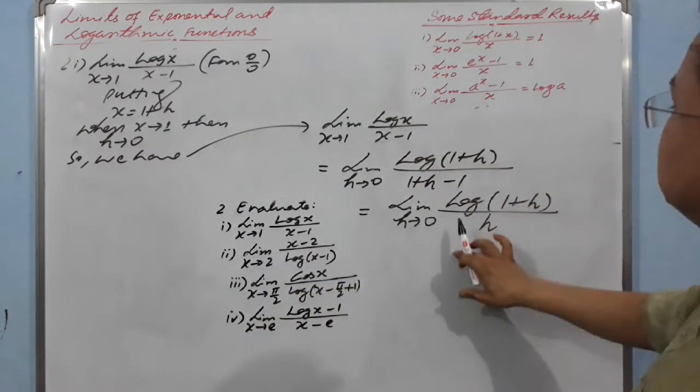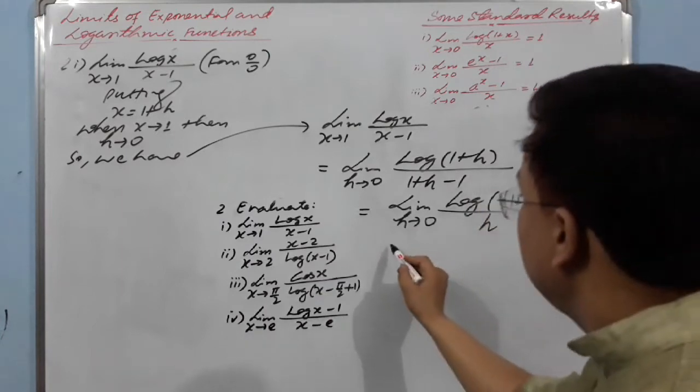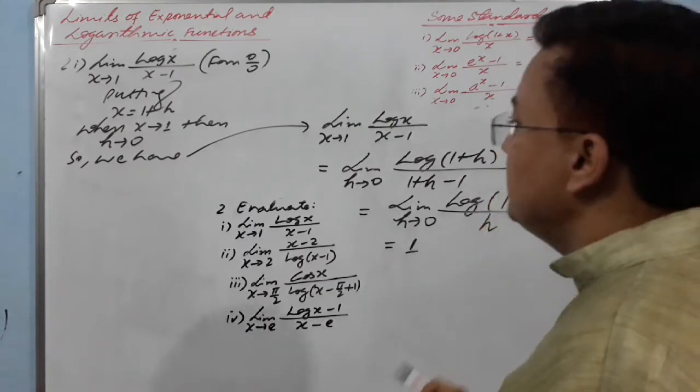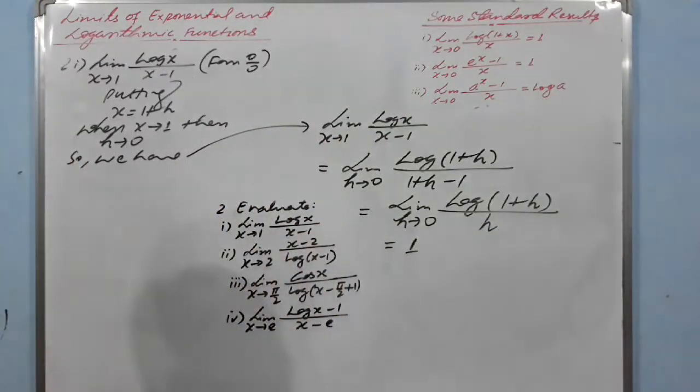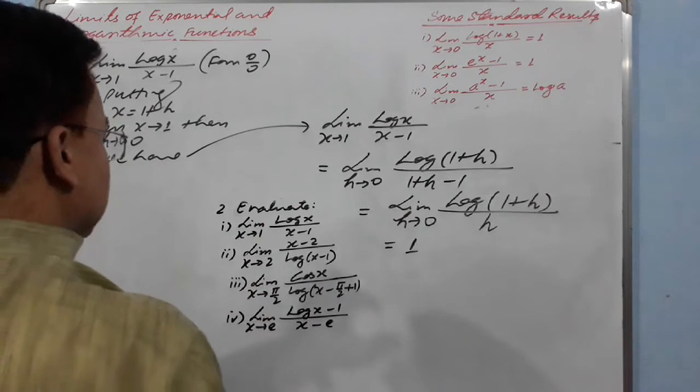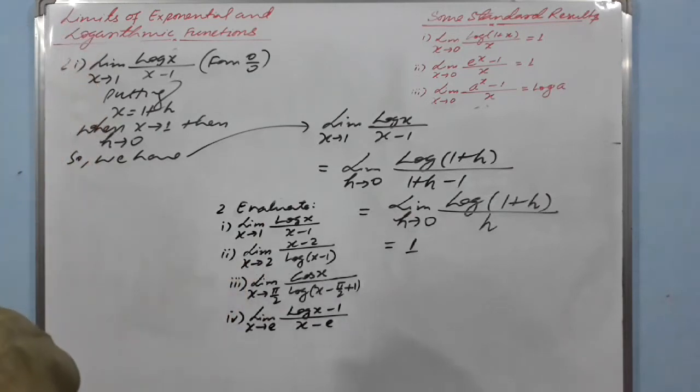You know this is exactly in this form, so it is equal to 1. 1 is the limit of this function. I don't think there is any problem now, you understood, okay. And similarly this also we can do.